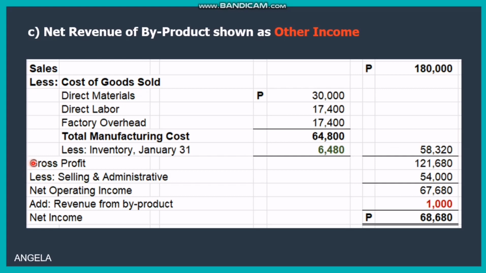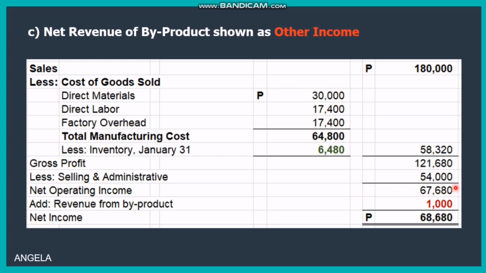Para makuha ulit yung gross profit, sales lang less cost of goods sold, so 180,000 minus 58,320, meron tayong gross profit na 121,680. Ililess natin sa selling and administrative expenses na 54,000 to arrive at a net operating income na 67,680.